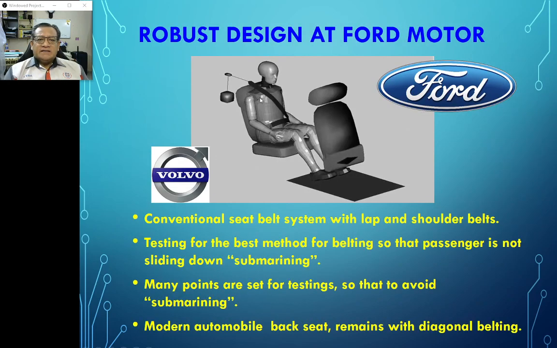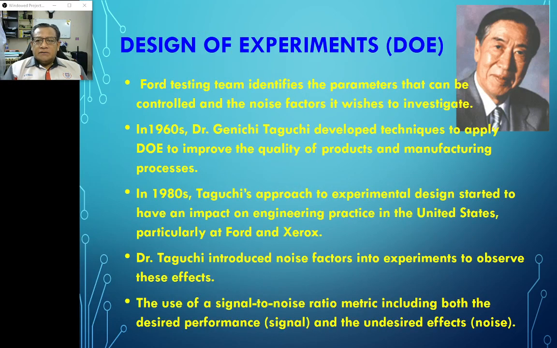How far is this movement of the back angle, which is at the resting place, the back side? How far is it moving forward? How far are the hip and buttock moving forward, which is considered submarining? This is the performance metric that Ford wants to measure.